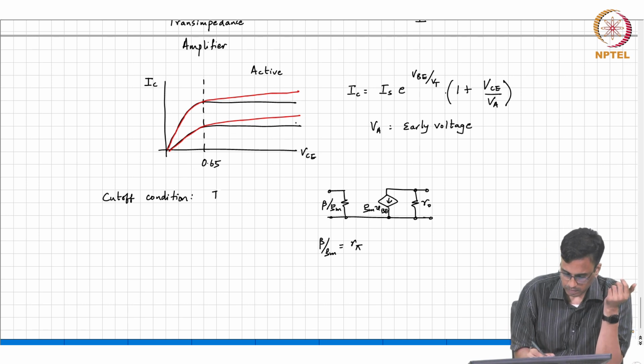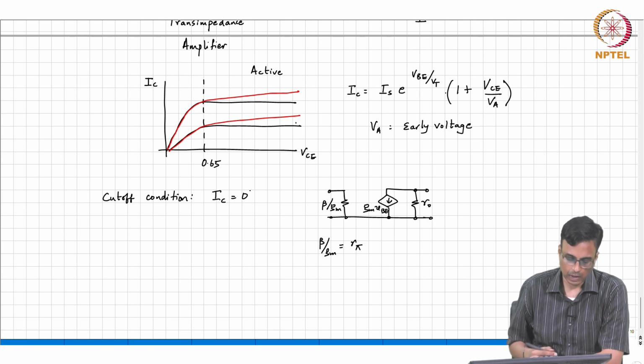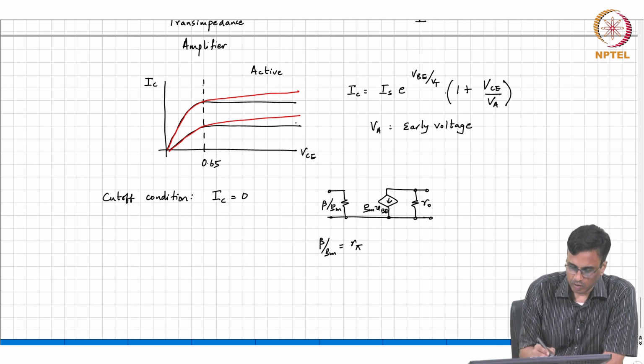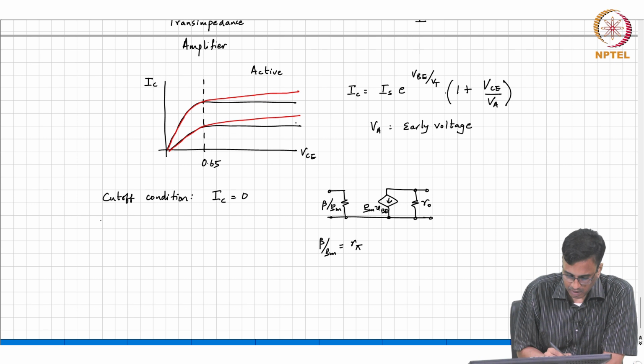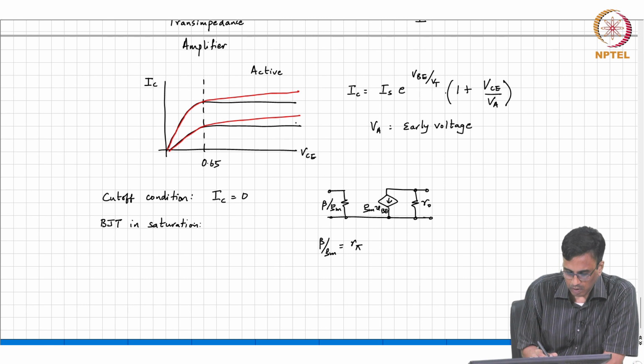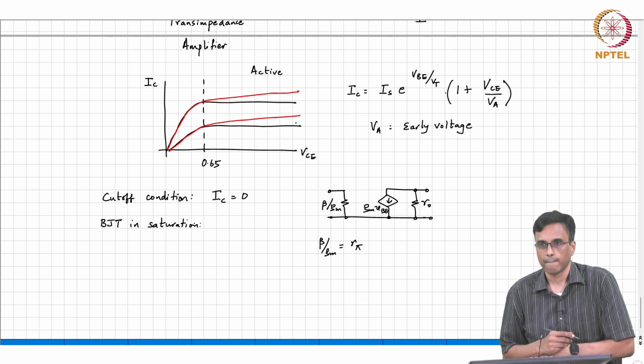Now the collector current is 0. And likewise, for the BJT going into saturation, what is the condition?